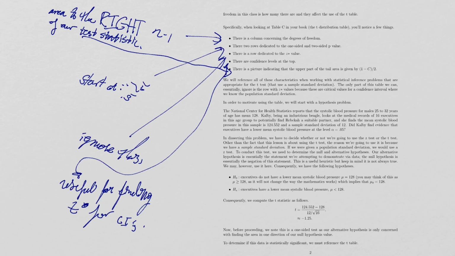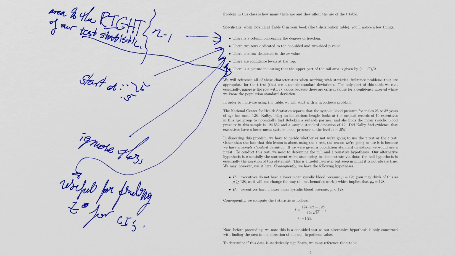And this is just indicated by the upper part of the tail in our textbook. And its tail area is that 1 minus c divided by 2. You can also think about it as that alpha over 2. That's to the right of our test statistic.